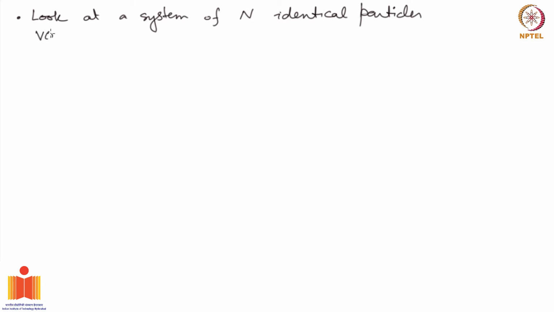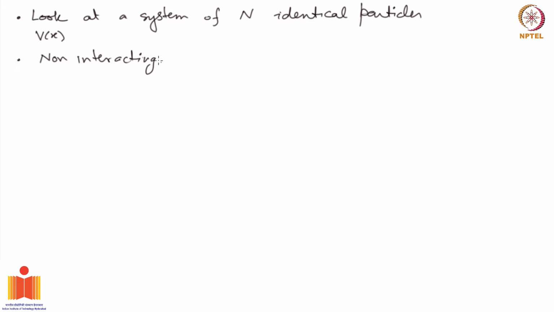So you have N particles, they are all identical, and they are all in the same potential V of x, and also they are non-interacting. So there is no interaction between these.